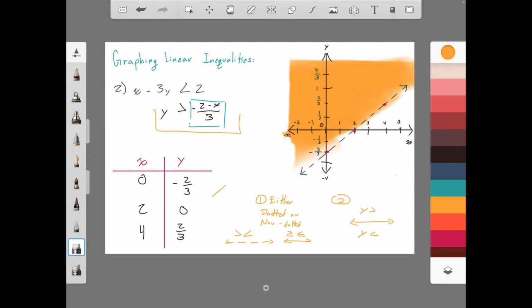Okay, so now that we have this, that will be our graphic representation of linear inequalities with two variables.